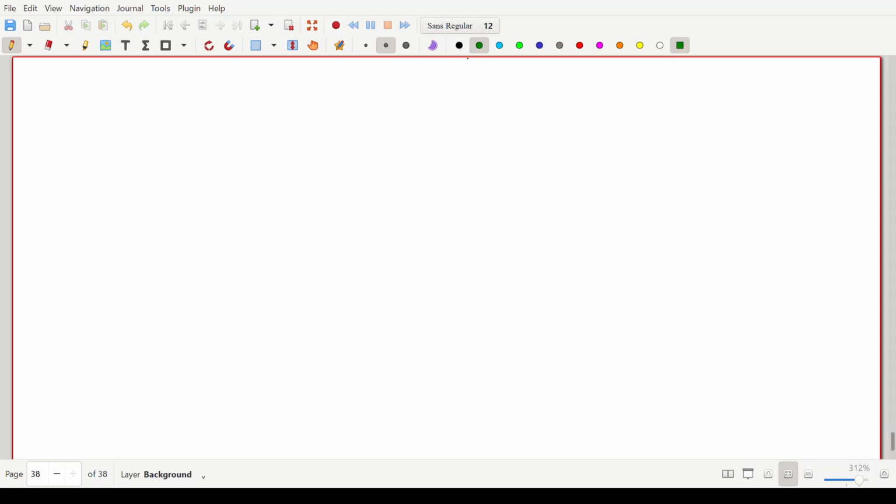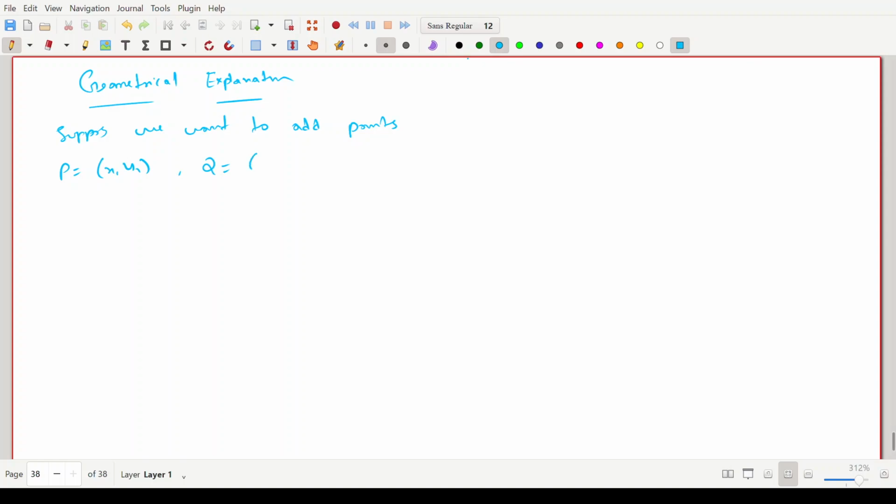Suppose we want to add points P, which is x1 y1, and Q, which is x2 y2.